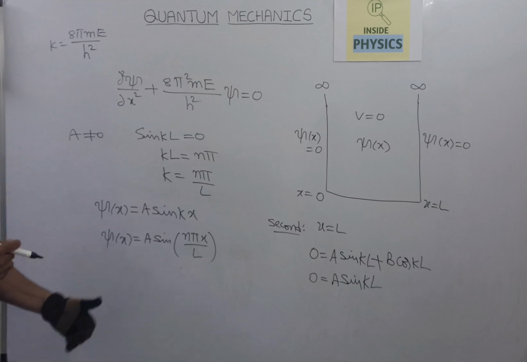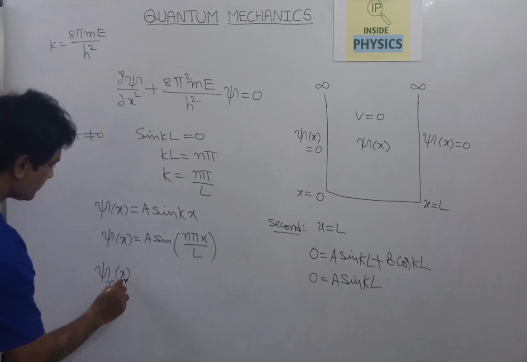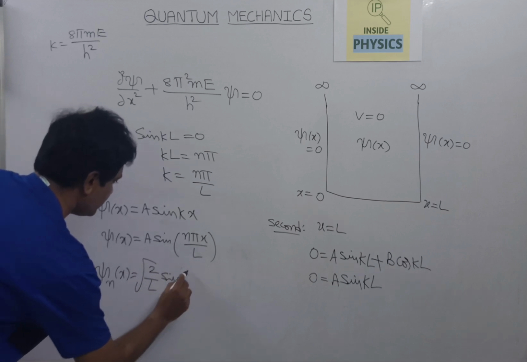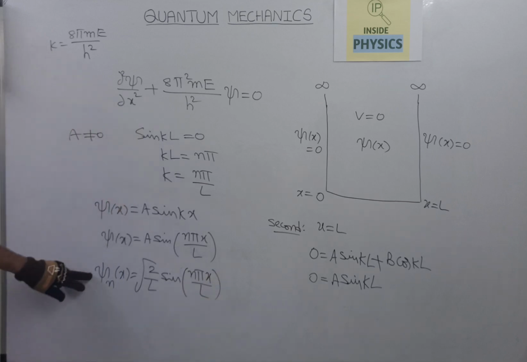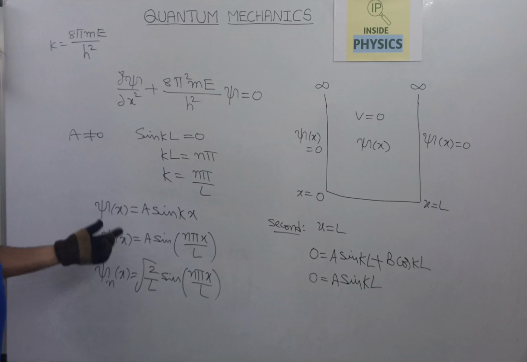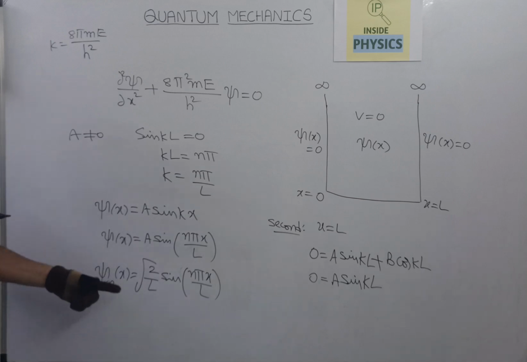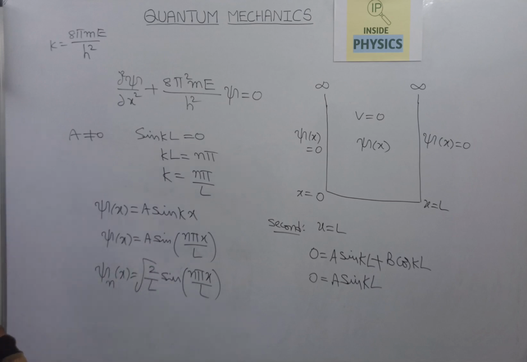For now, I will write the normalized wave function as psi n of x is equal to root of 2 by L sine of n pi x by L. See, this is the normalized wave function, because when we normalize the wave function, then only the probability density of the particle will be found, and this calculation of the value of a we will see in the next session after completing this process.